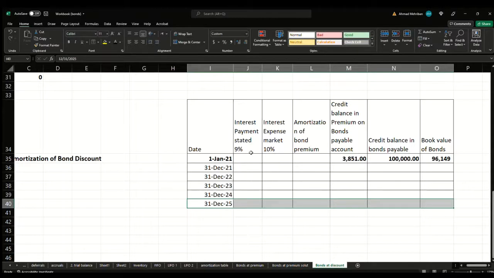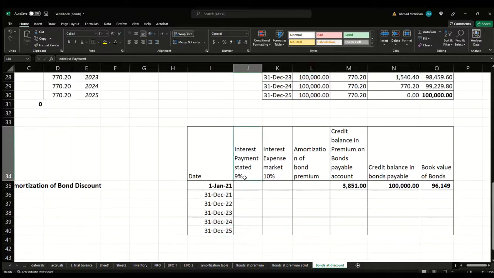The interest payment is going to be calculated using the stated interest rate and the face value, which is 100,000 and 9%. So I'm going to multiply by 9%, which gives me 9,000 exactly, and that calculation will work for every single year.